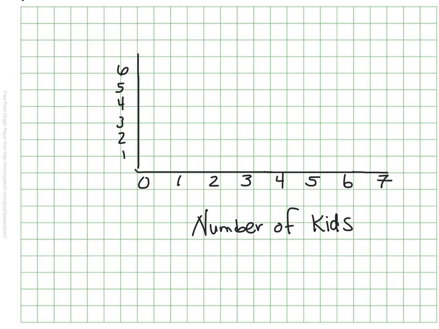I need to give this side a label as well. Everything gets labeled on a graph. So I'm going to label this side frequency because this tells me how many times a particular answer was given. I'm just going to write frequency right along the side. And of course, no graph is complete without a title. I'm going to just call this graph Teachers and Their Children.